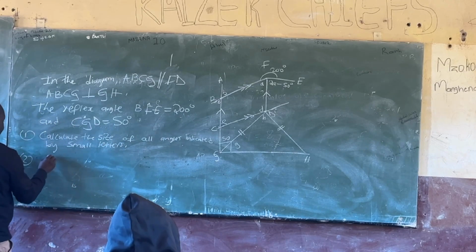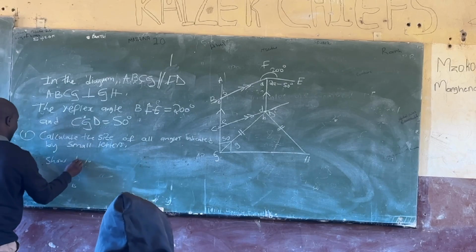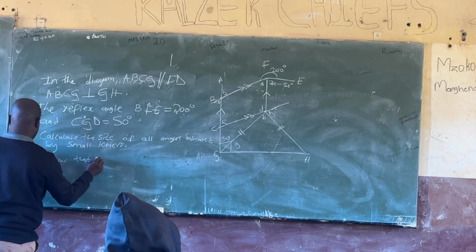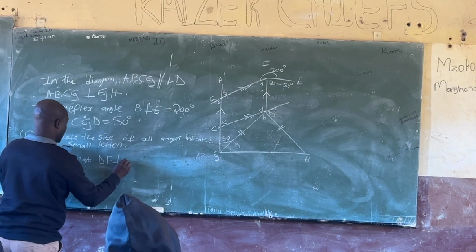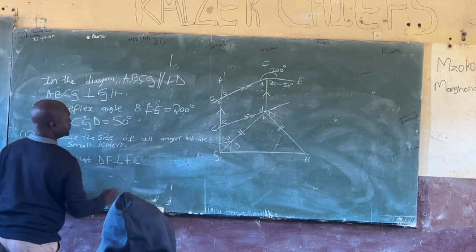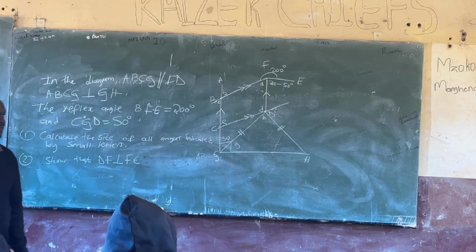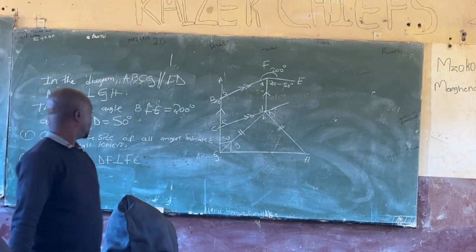Number 2: show that DF is perpendicular to FE.